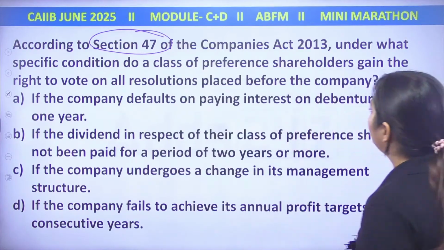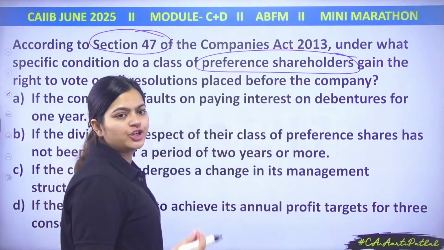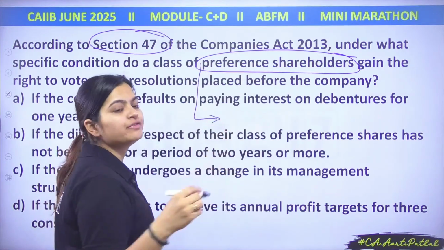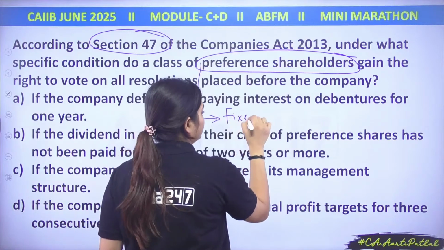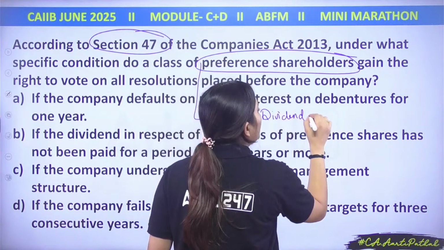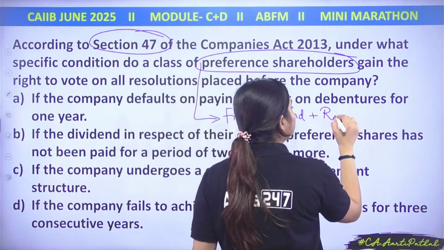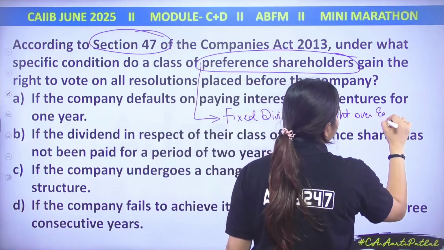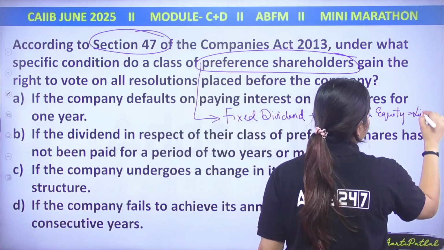Now, let's talk first about the preference shareholders. As preference shareholders, what are the features they are going to receive? First, they are going to receive fixed dividends, as well as the preference right over equity at the time of liquidation.